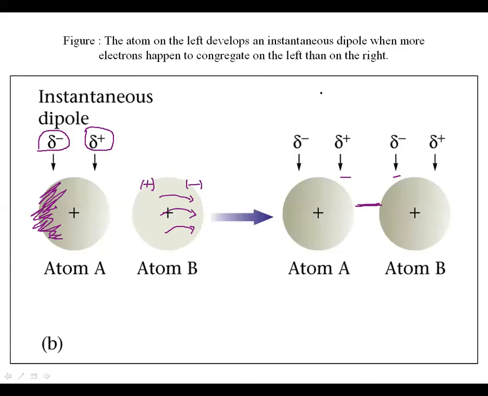This is very weak, because as soon as these electrons come back around and move to a more even distribution, that molecule will lose that partial charge and the interaction will break apart. But the other molecule will still have that partial charge and have a new interaction it could have, and it continues that way. That's why these dispersion forces are relatively weak, because they're temporary.